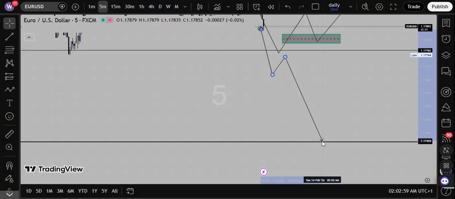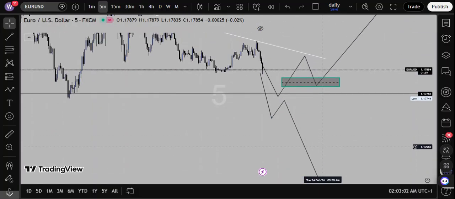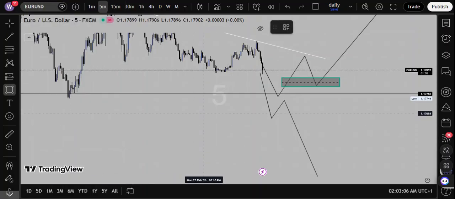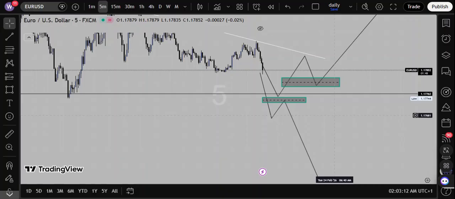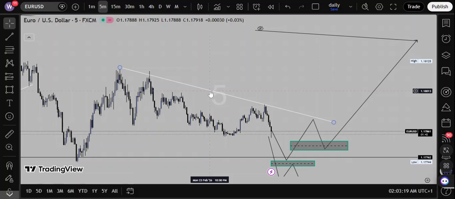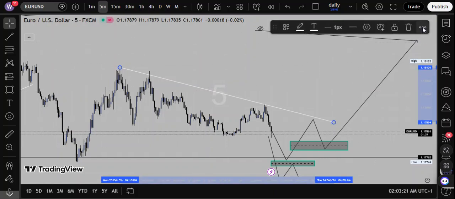This is another possibility too. Like I said, we must have FVG confirmation around the zone. We expect a fair value gap to form. So we take our sell from here and we take our buy from here. Either way price wants to play out, we are good to go.